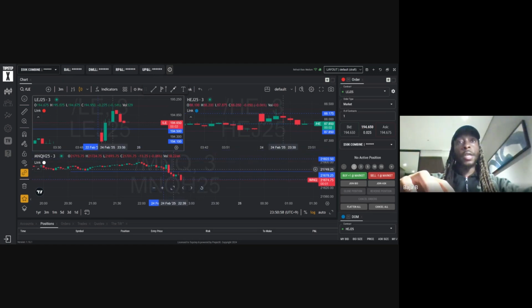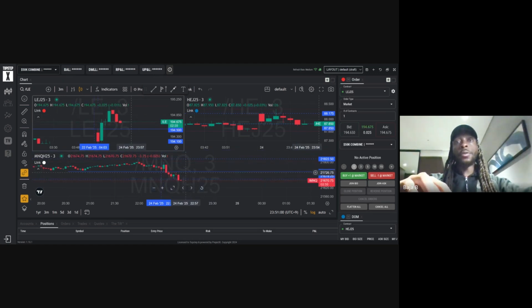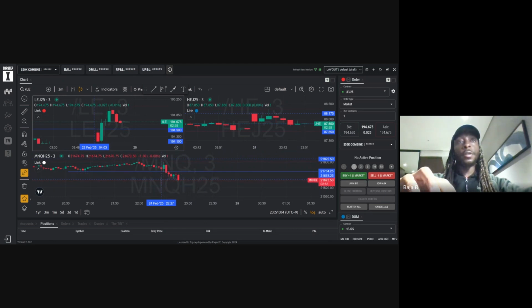I want to see NQ reject these daily lows or continue breaking it, but I'm going to get ready for this trade right here on LEJ25, potential long. If buyers could pass the last 3-minute highs, I want to see them pass and I want to see them hold. So a couple of things I'm looking for.